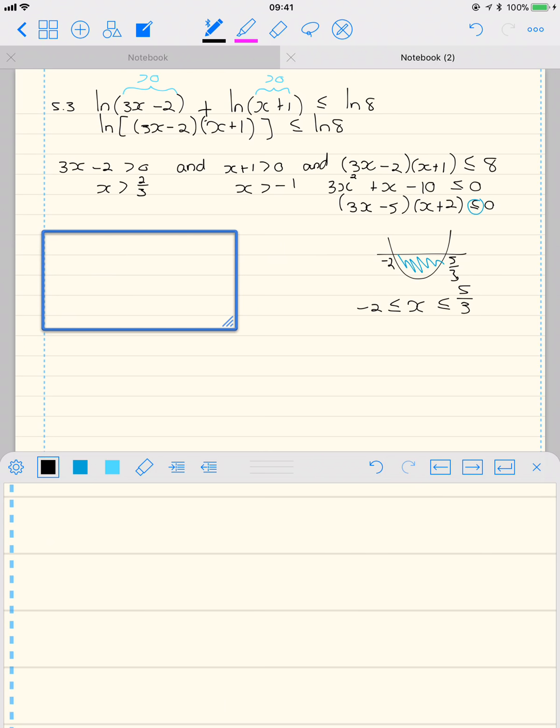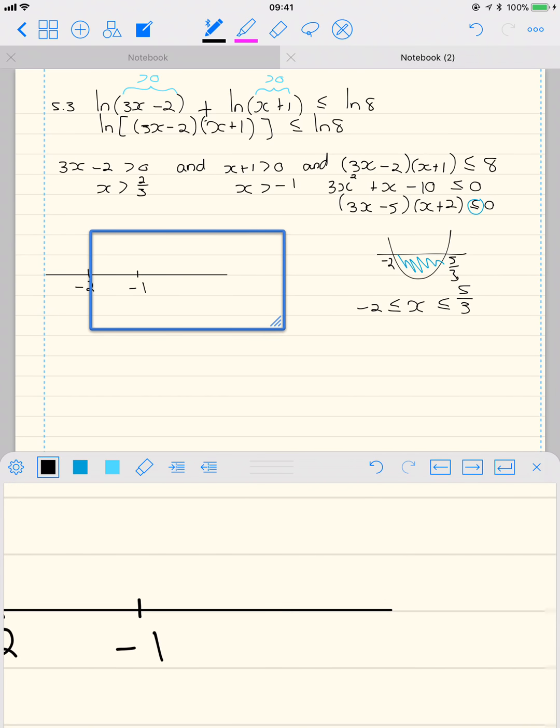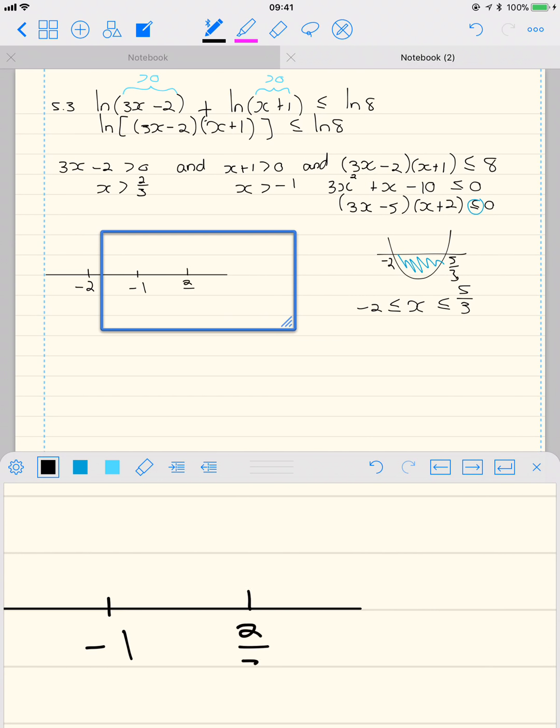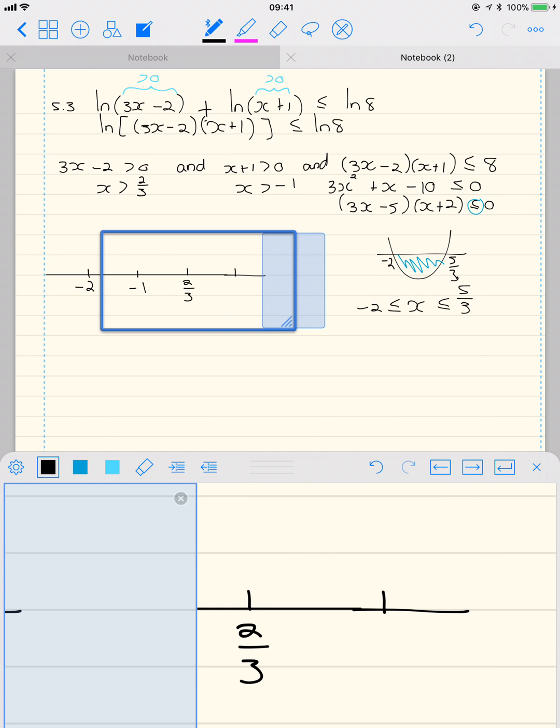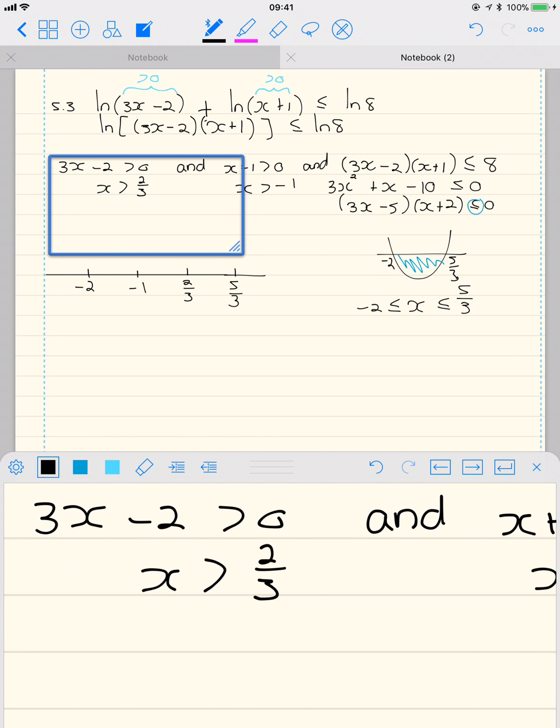So now we're going to draw a number line to check this. So first, our points of interest are minus 2, minus 1, 2 over 3, and 5 over 3. So let's look at this one.